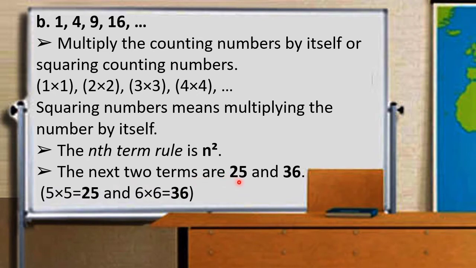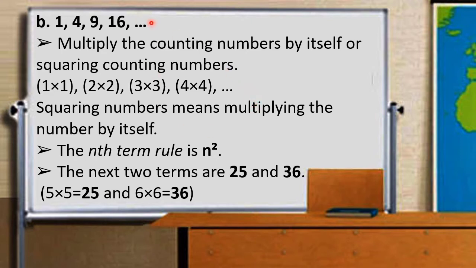The next two terms are 25 and 36 kasi yung counting number pagkatapos ng term na ito, bilangin natin. First term, second term, third term, fourth term, fifth term. So, si fifth term, 5. Fifth means 5.